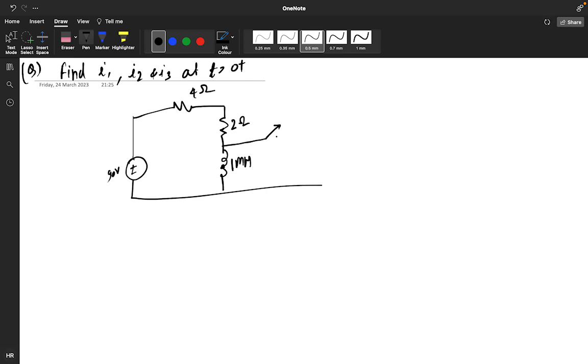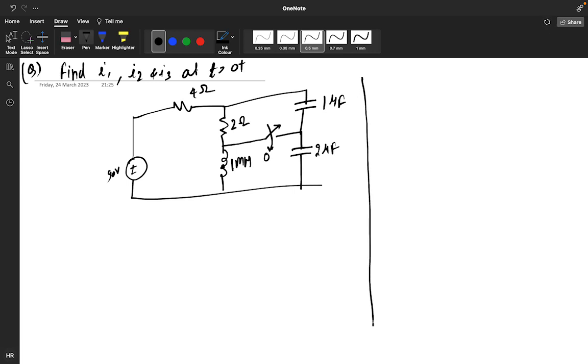This is your switch. This is 2 microfarad, and this is 1 microfarad. Okay, at t equals 0, the switch is getting closed.